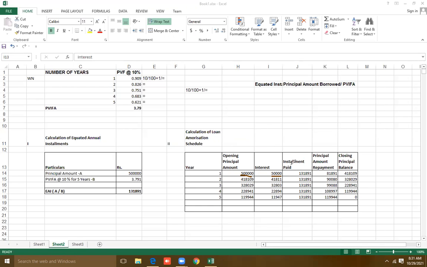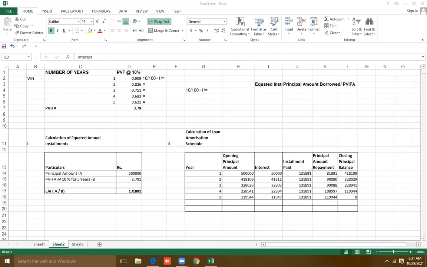Installment paid we have calculated as 1,31,891. It will be the same for all the 5 years. See this column, it is the same for all the 5 years. Now this is the total amount you are paying in the first year.